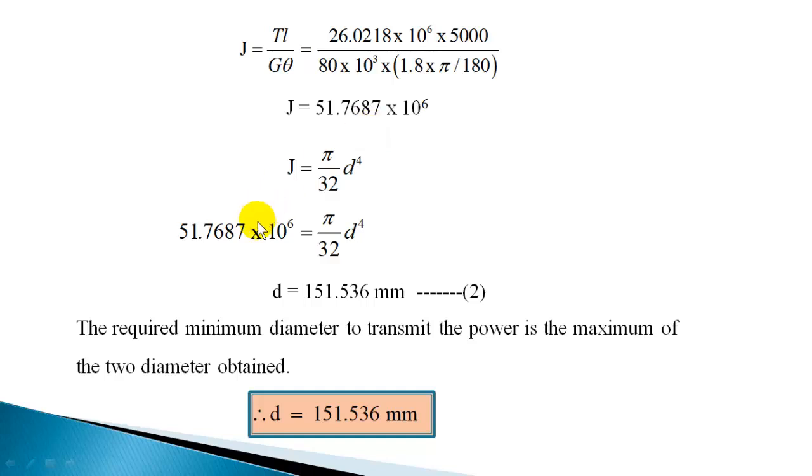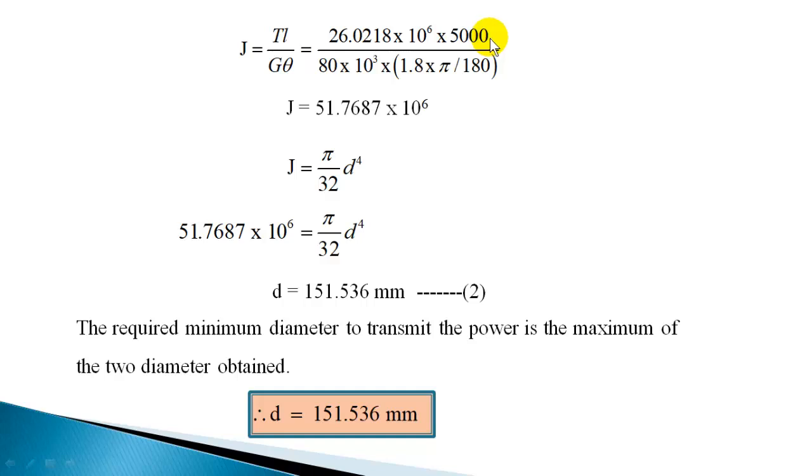So J is 51.7687 × 10^6. Substituting the value of J, you can solve for the diameter, which comes to 151.536 mm.